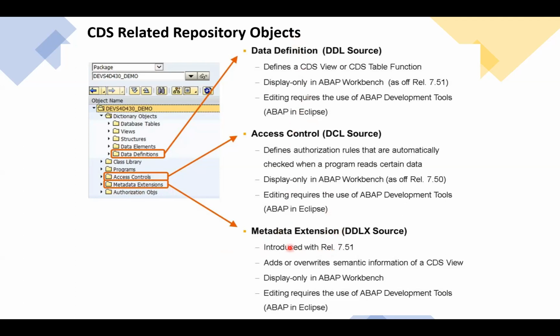These are the three major types of CDS objects, and each will have its own folder with the same name: metadata extension, access control, and data definition. That is how we go ahead and look within the package.